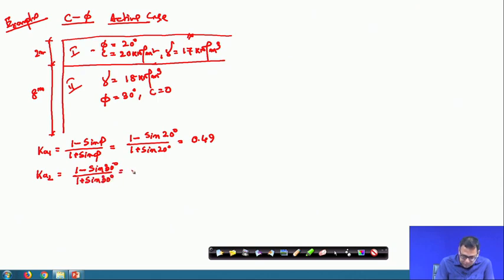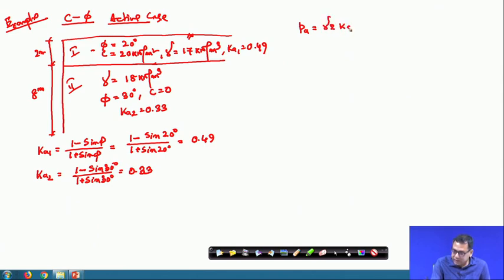So, this is equal to 0.33. This is KA2 is 0.33, this is KA1 is 0.49. Okay. So, now we have the PA expression for the C phi soil is gamma Z KA minus 2 C root KA for the active case. Now, this is the expression.